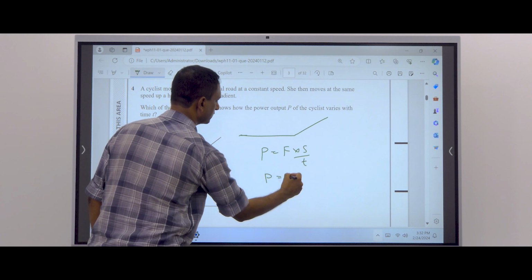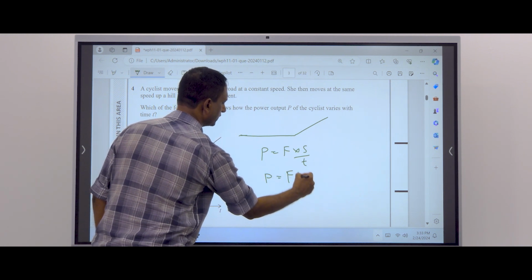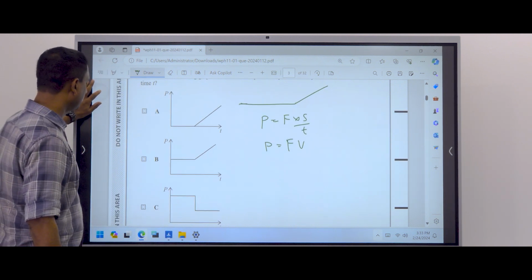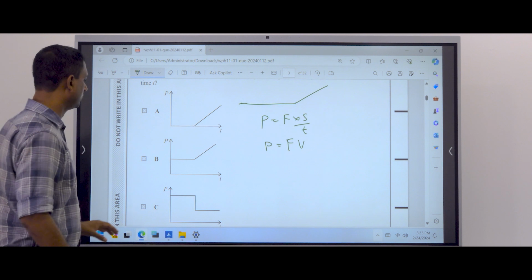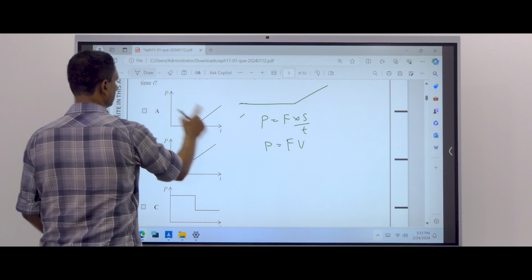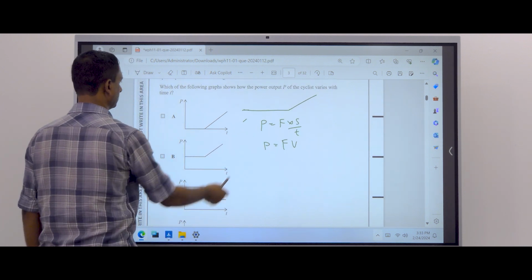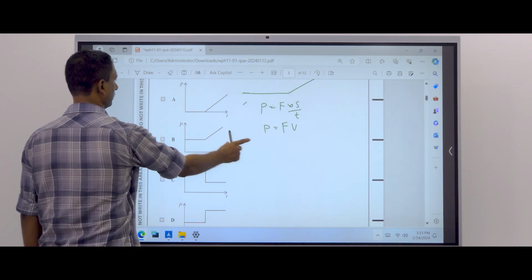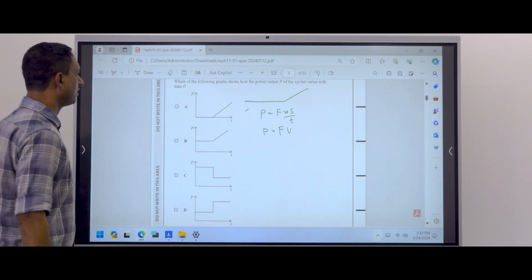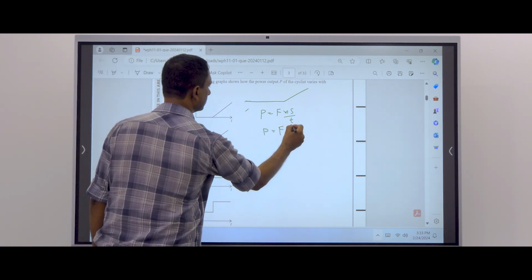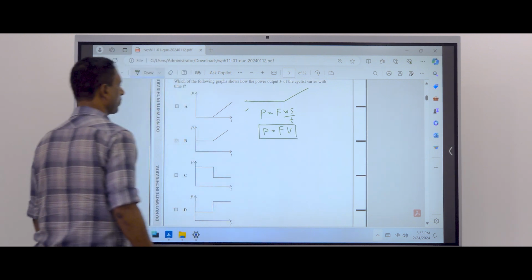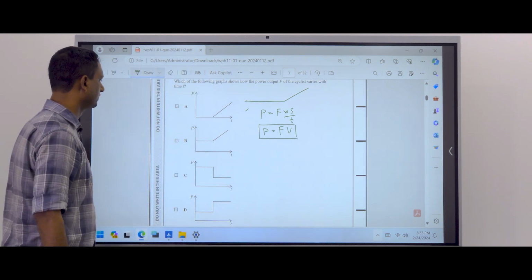Then power equals force into velocity. Then there is a value for power. Then we have 4 answers. Let's see the 4 answers. Power is not 0 even when it is travelling on the horizontal road. Therefore, this cannot be the answer.